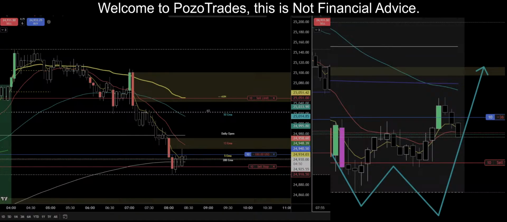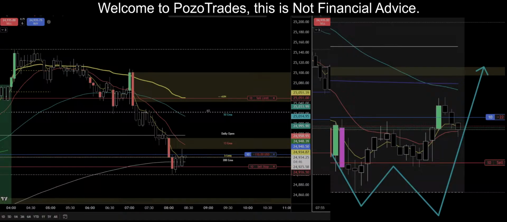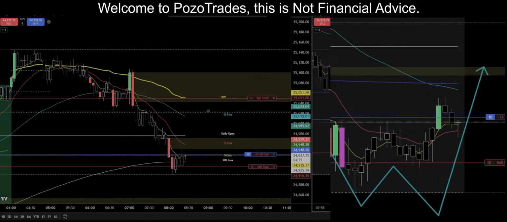Okay, so right here, we're kind of starting to break the 5 and 13. I want to see if this 1 minute candle can actually hold, which it does look like it's starting to hold. See if we can get a continuation upside. Maybe retest the 50 on the 1 minute.